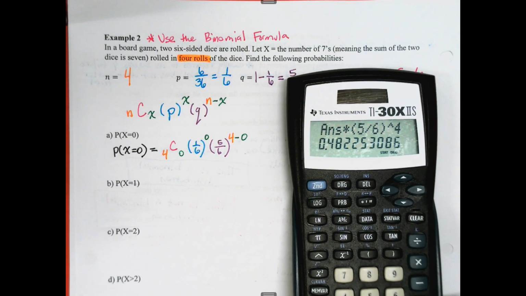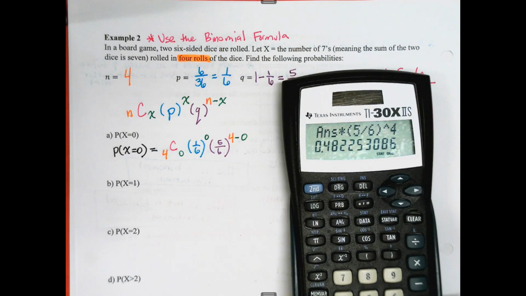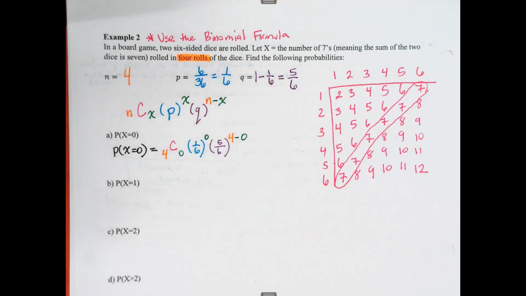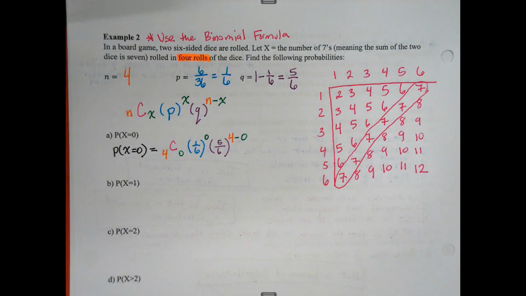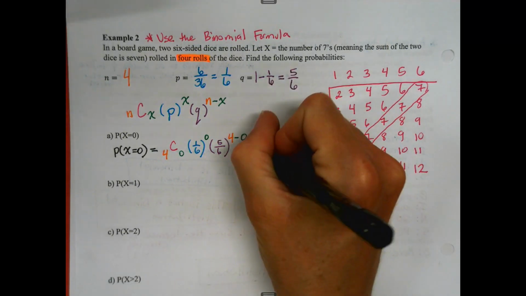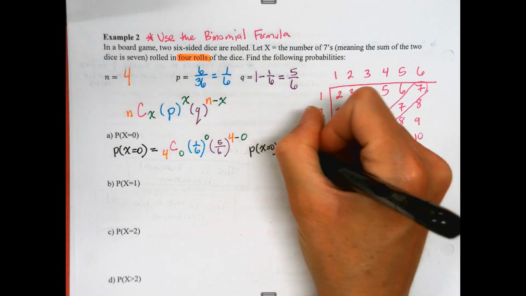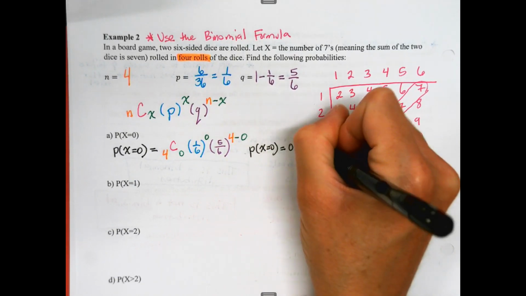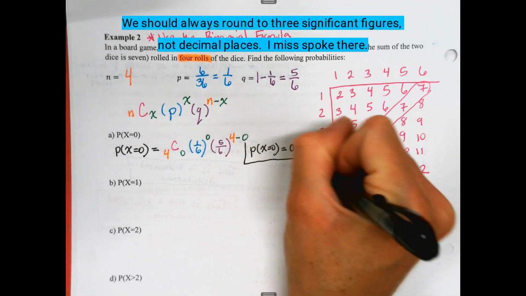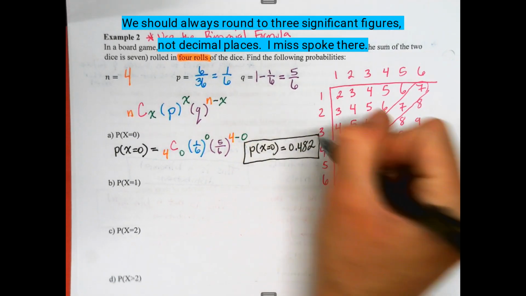And we end up with 0.48225 and so on. So we're going to say that our answer, the probability that x is equal to 0, is 0.482. We always want to round to at least 3 decimal places, if not more.